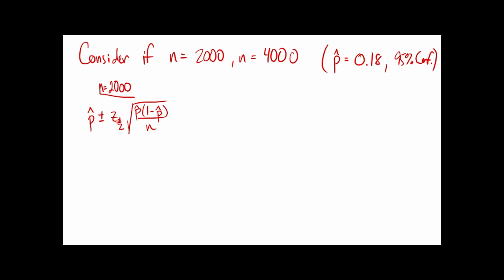Okay. So if we would have taken 2,000 samples, our sample proportion, say, was still 18%. For 95% confidence, this is going to be 1.96. Our sample proportion was 18%, which means 1 minus that would be 82%. And our sample size here, we're considering what would happen if it would have actually been 2,000 people.